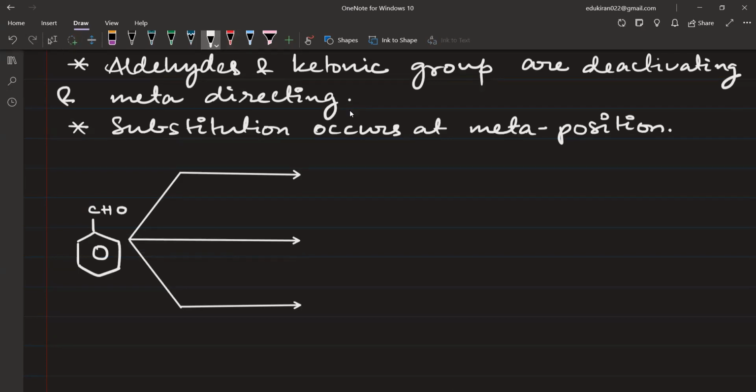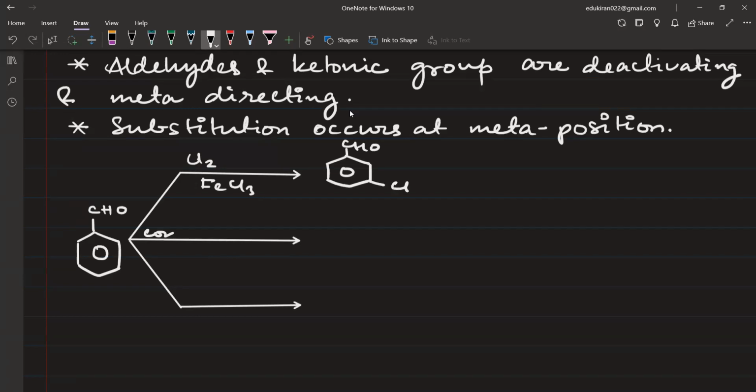The first one: if you do chlorination, Cl2 in the presence of FeCl3, then you will get only one chlorinated benzene. CHO will be here and you will get chlorine in the meta position.